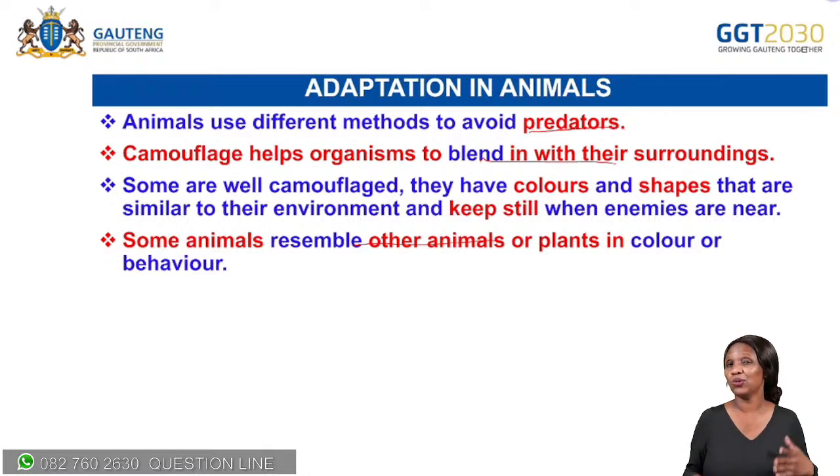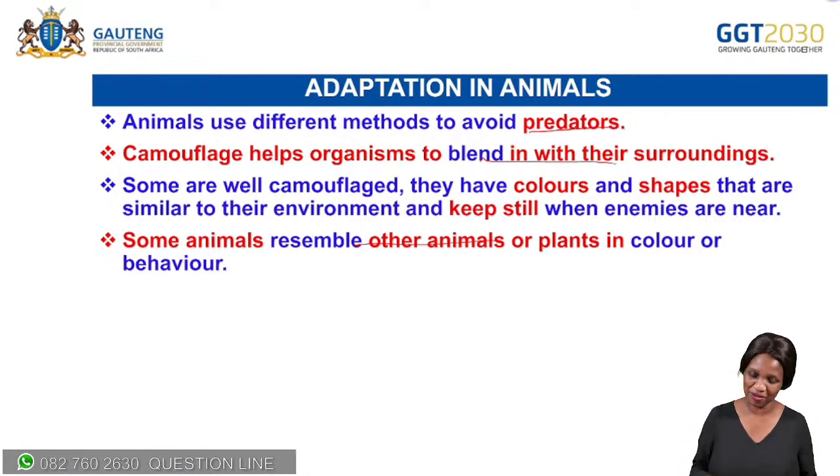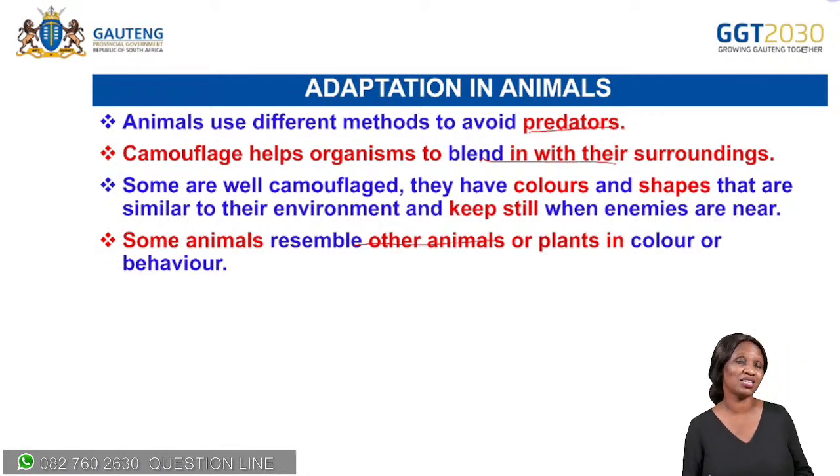And then when we look at mimicry, it is a form of trickery. That is mimicry. Do you get it? Mimicry is a form of trickery. It fools other animals. They think it is something else when it is something else. That is what we call mimicry, grade 8. Its purpose is to fool predators into thinking that the animal is something more dangerous than it is.